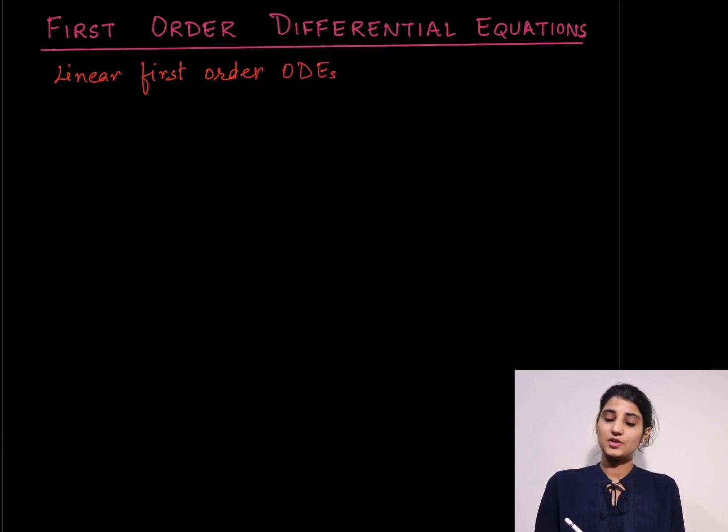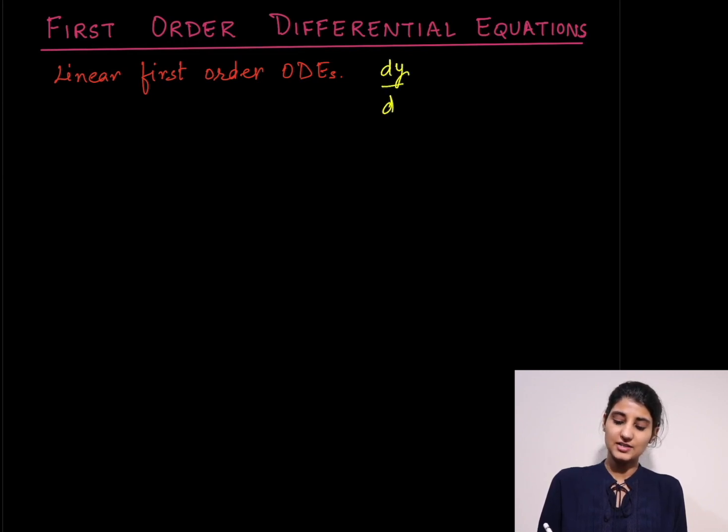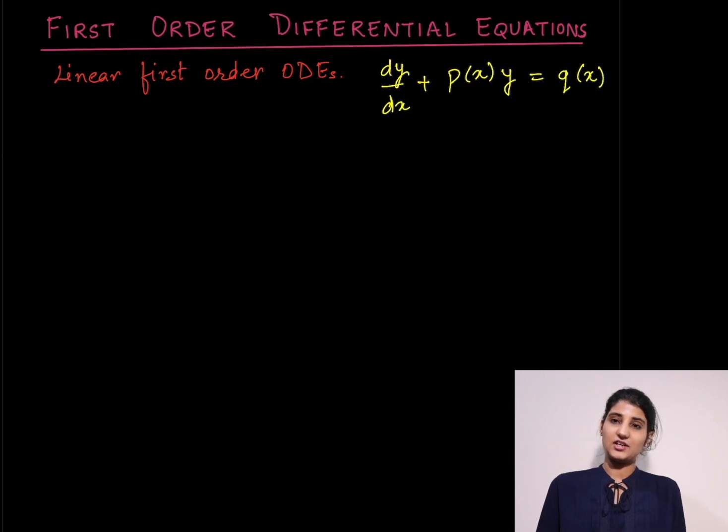If you remember, the standard form for a linear first order ODE is dy over dx plus p(x)y equal to q(x). This is the standard form. Now, to go ahead with this lecture, you will need the knowledge of first order linear ODEs. If you don't remember, just brush up your knowledge once and come back.